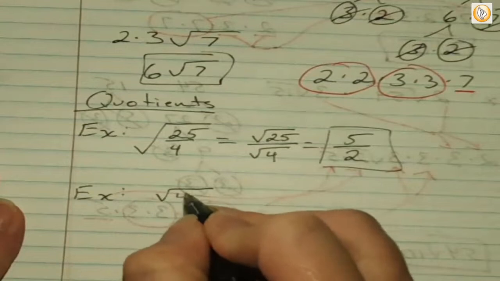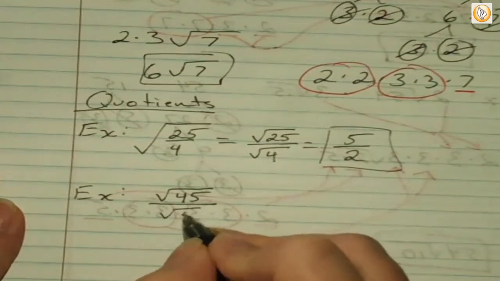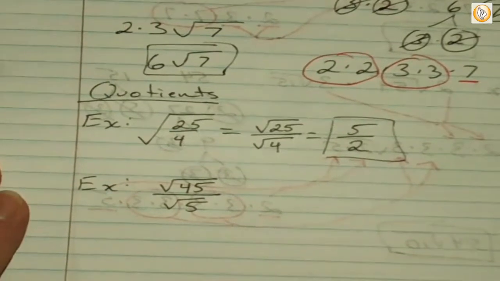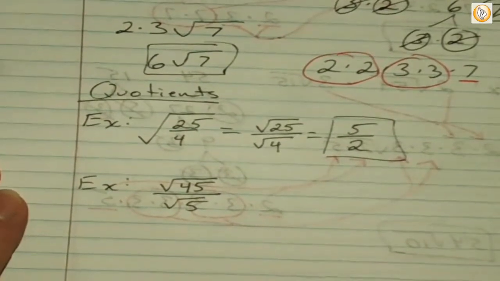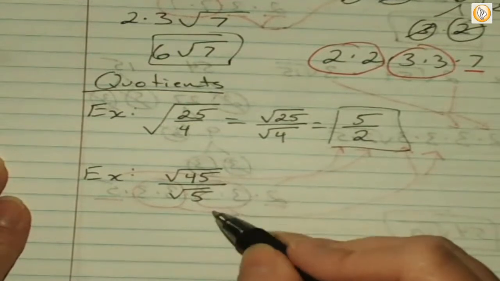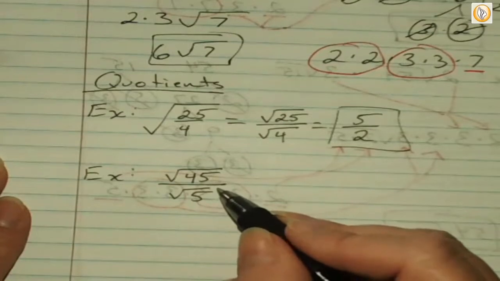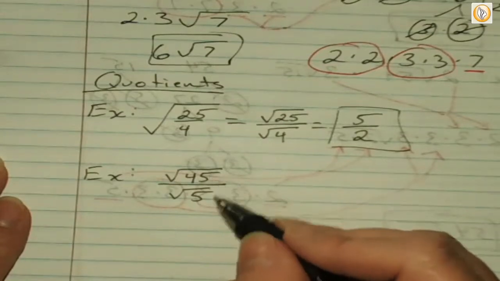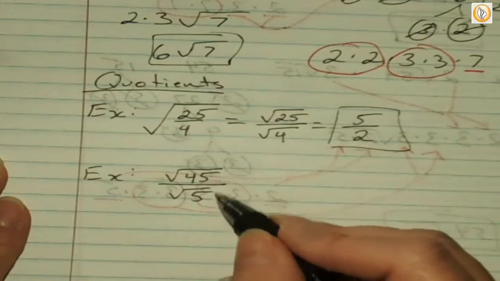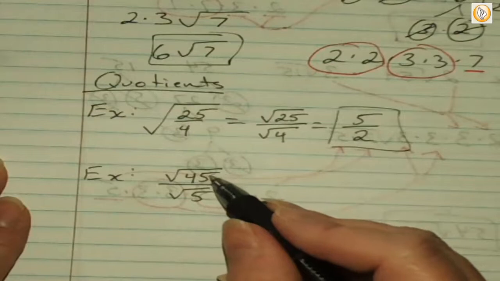How about if I had the square root of 45 divided by the square root of 5? Let's sit back and look at it. Are either one of these perfect squares? No, they're not.